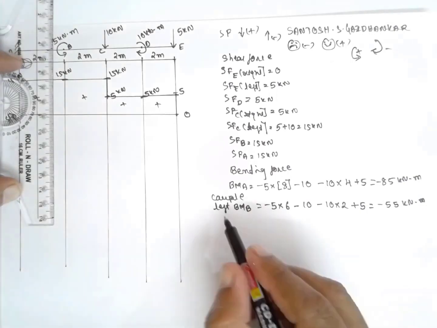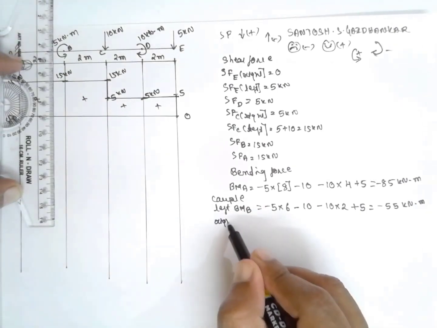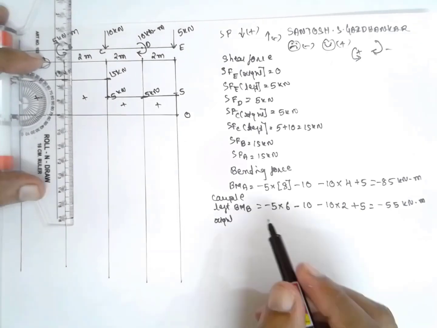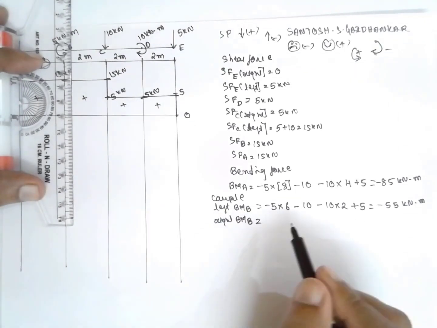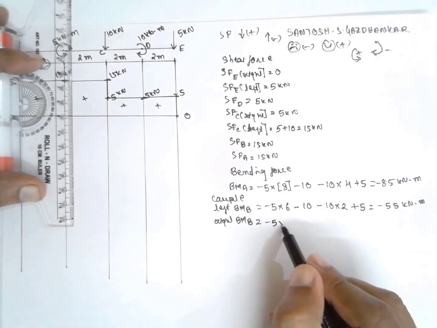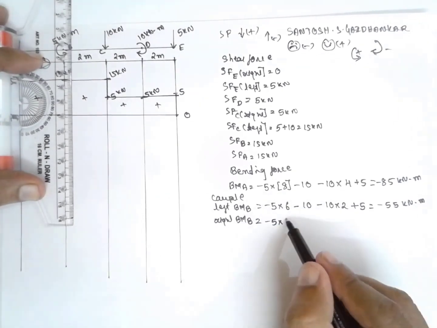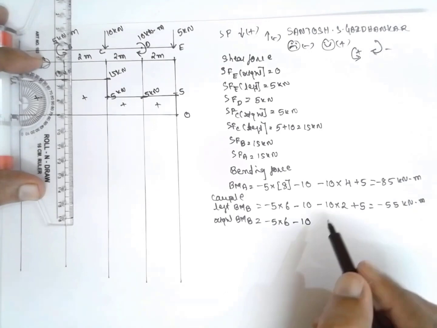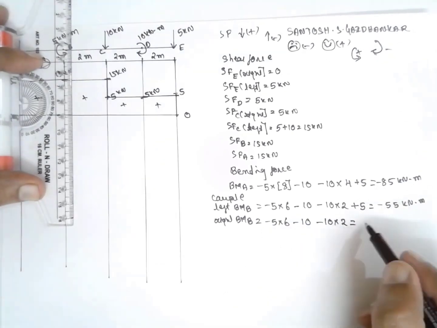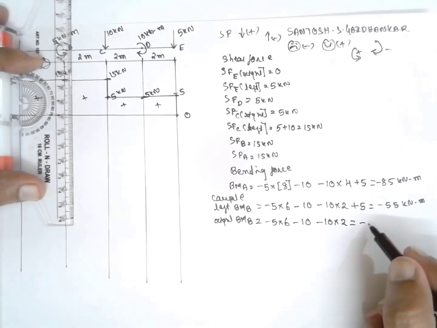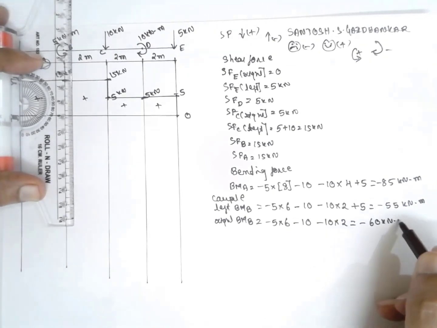Now right of this B, BM at B, minus 5 into distance, that is 6, minus 10 minus 10 into 2. Answer is minus 60 kilonewton meter.